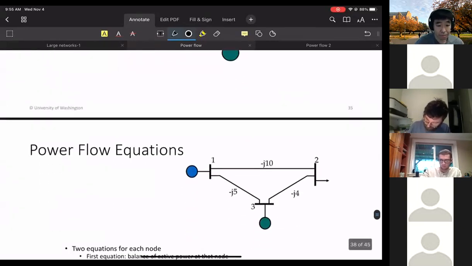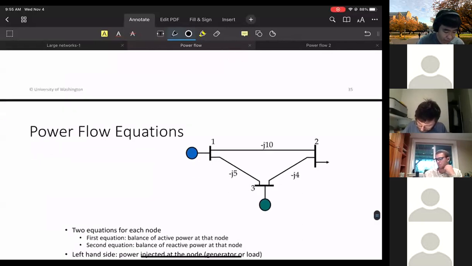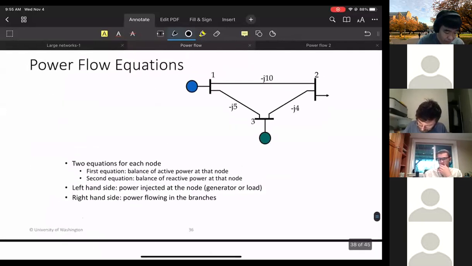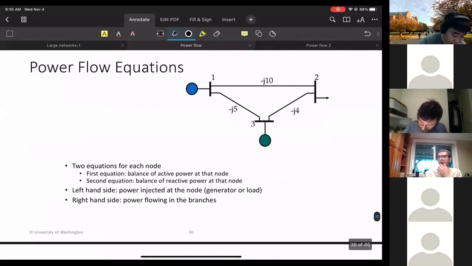Right, so if you write down the power flow equations, again we have an active power balance and a reactive power balance.